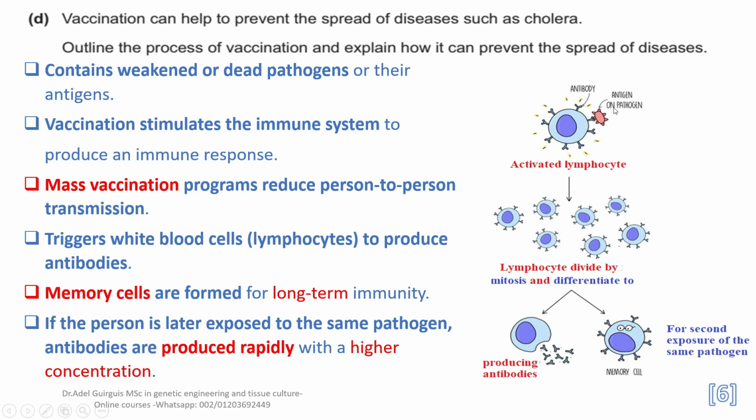When a lymphocyte meets a specific antigen on a specific pathogen, complementary fit with its receptors, the lymphocyte becomes activated and starts to divide mitotically into a clone of cells. This clone of cells, produced by mitosis, differentiates into two groups.